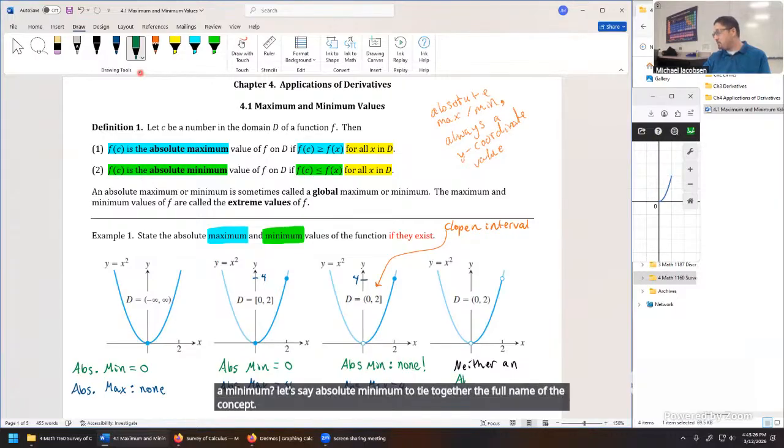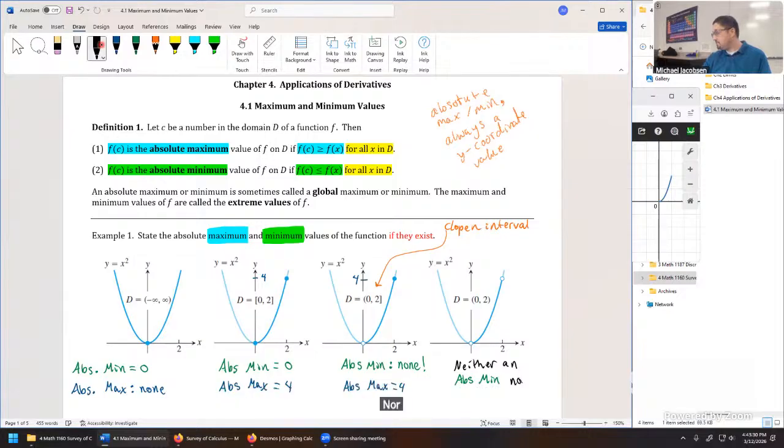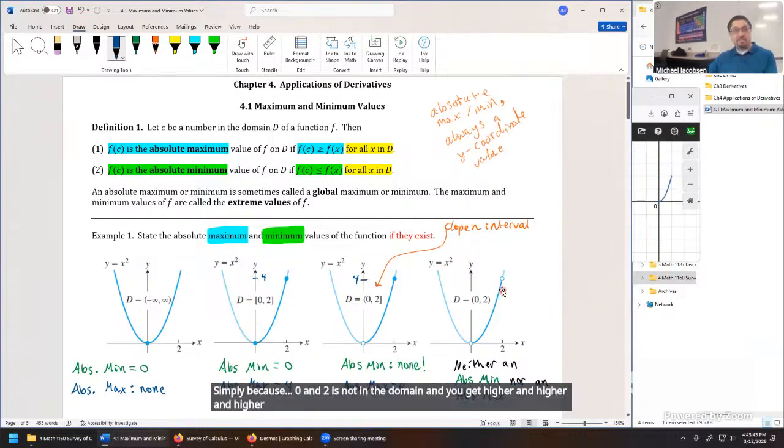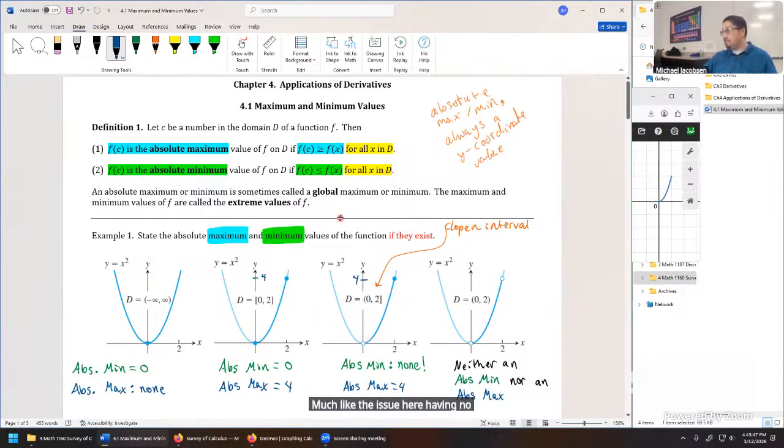It has neither an absolute minimum nor an absolute max. Simply because 0 and 2 are not in the domain, and you get higher and higher and higher the closer and closer you get to 2, much like the issue here having no minimum whatsoever.